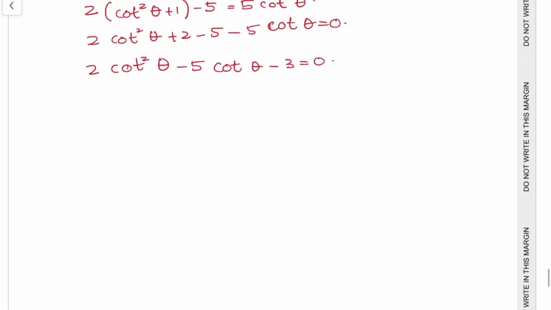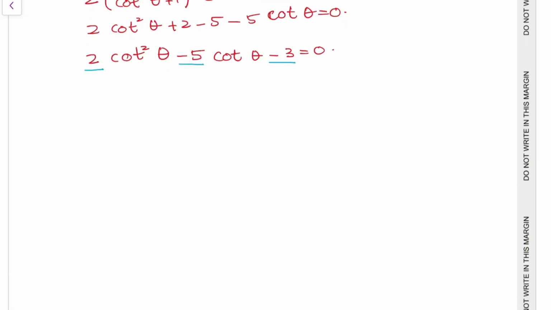You can see that in this form, your A is 2, your B is negative 5, and your C is negative 3. And you can factor this out into 2 cotangent theta plus 1 and cotangent theta minus 3 is equal to 0. Right?